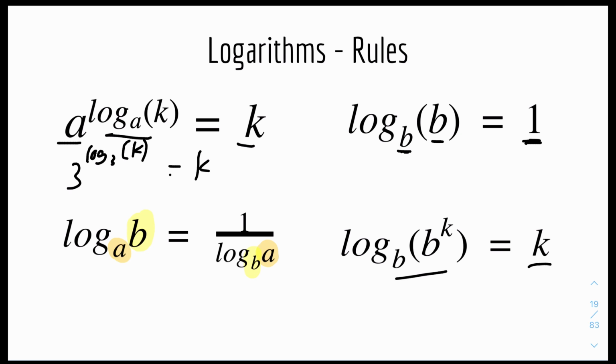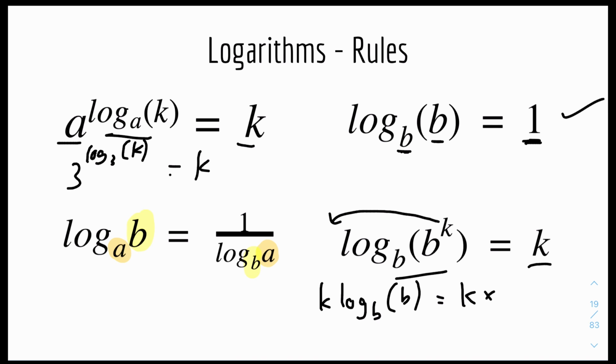Because in this case, you would pull the power down to the front, which is k log base b, b, right? So we know that log base b, b equals 1 from here, so it's basically just k times 1, or just k. And you can spot this every time you have the same base and the same power base over here.